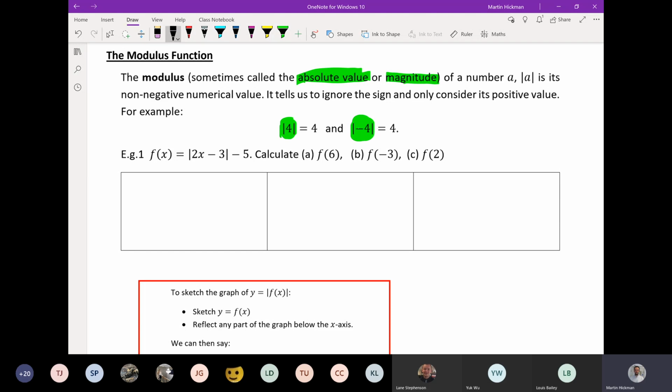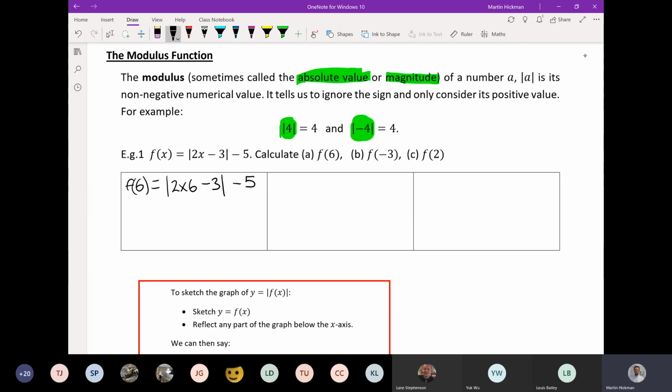So just working through a few of these examples, our first example, f of x equals the modulus of 2x minus 3, minus 5. So firstly, we're going to do this for when x is 6. Remember f of 6 just means replace your x with a 6. So firstly, within the modulus, I'm just going to do 2 times 6 minus 3, and then I have to take away that 5.